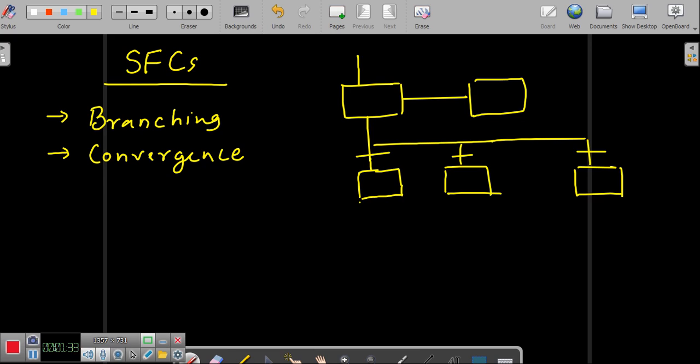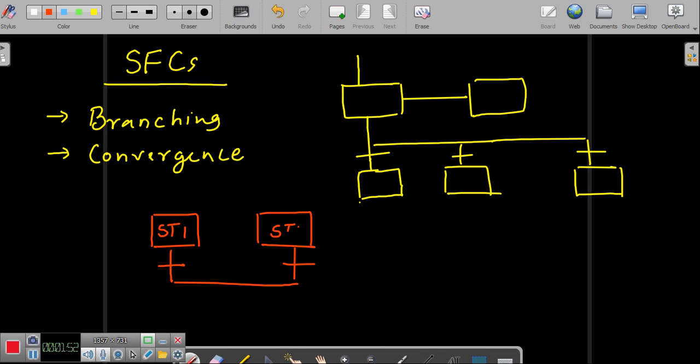So this comes as the branching, and the convergence will look something like this. We have, say, two states here. They converge depending upon the different inputs. Let me call these ST1 and ST2. So depending upon IN1 and IN2, you would go to the next state, which we call ST3, something like this, right? So this is what we call the convergence.